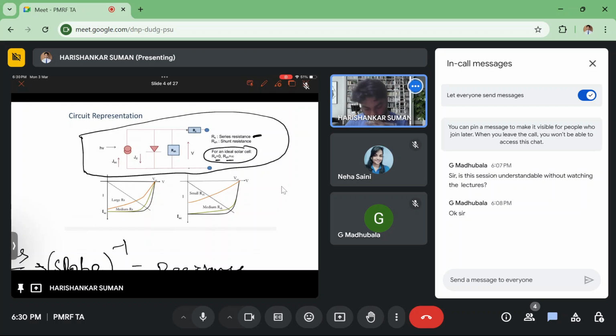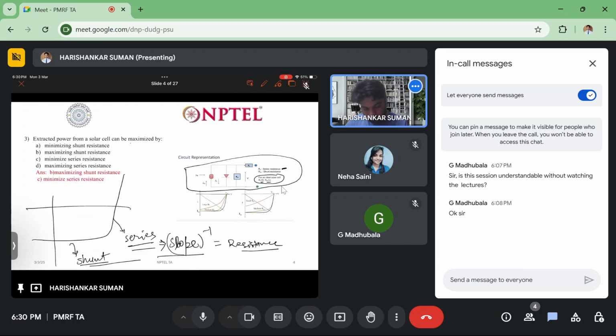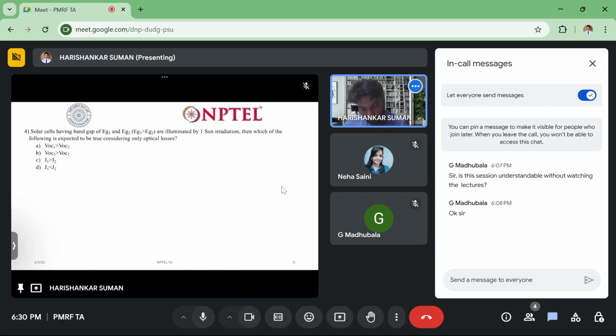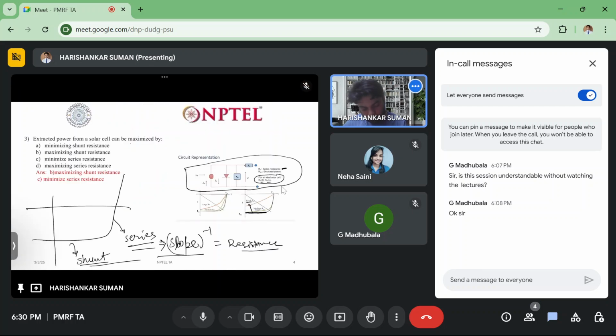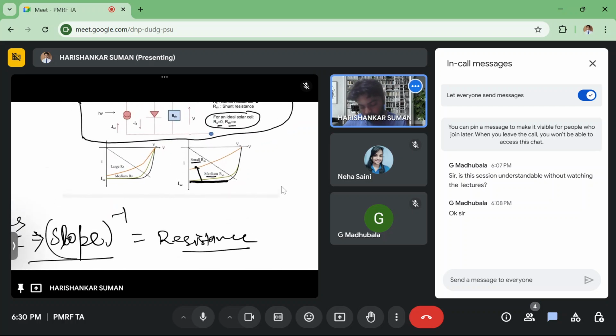This black one has maximum, then medium, then small. Shunt resistance goes like that. And for series resistance, you can check, it goes higher.